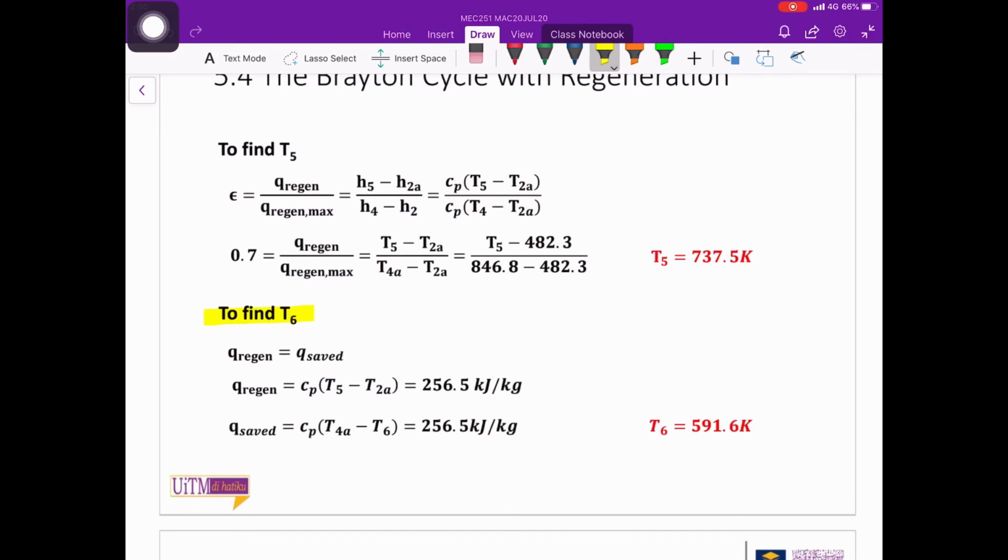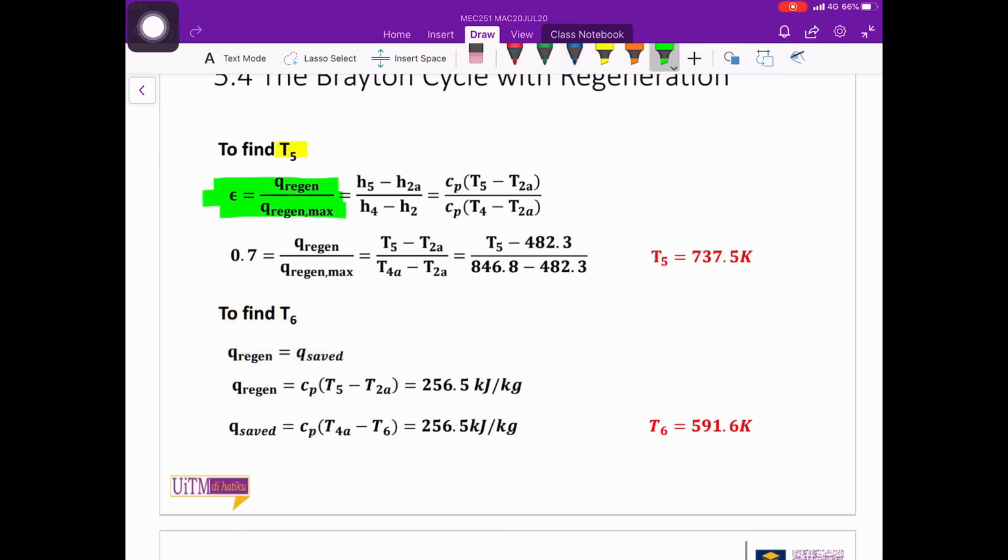Let's assign Qregen in as Qregen and Qregen out as Qsaved. In order for us to find the temperature at state 6, we are going to use the relation Qregen is equal to Qsaved. Therefore, to obtain the value for T6, we first need to find the value for T5.